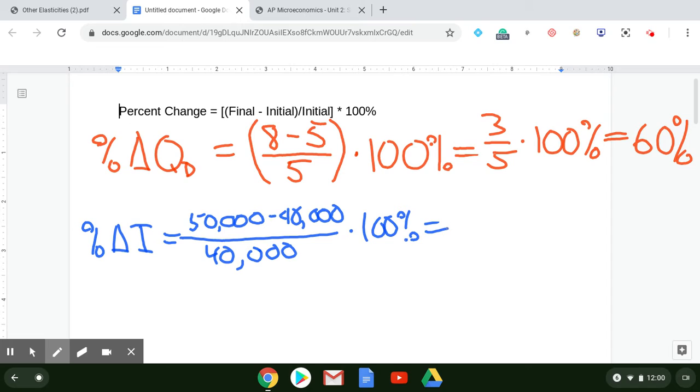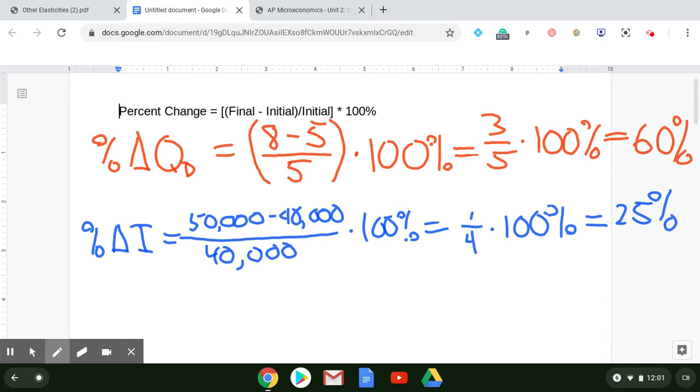That's 10,000 over 40,000, which is 1/4, times 100%. And 1/4 is 25%.